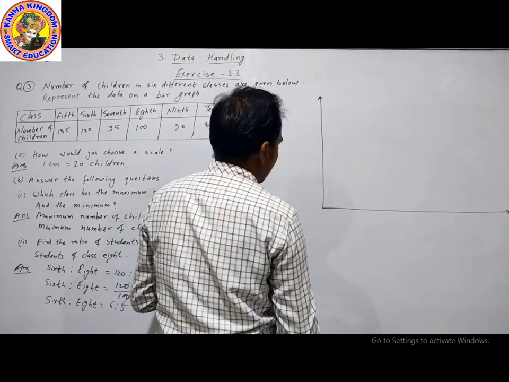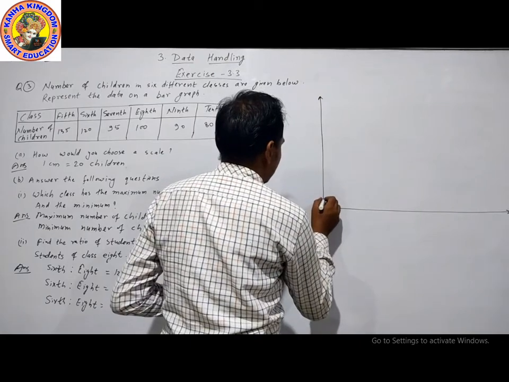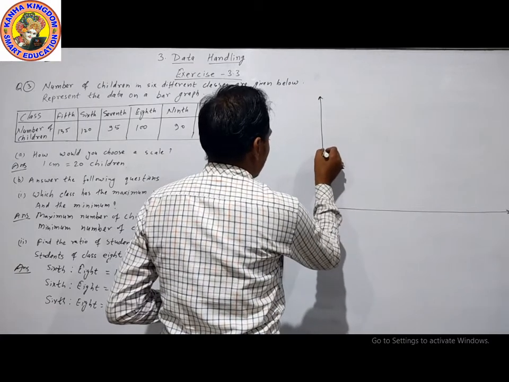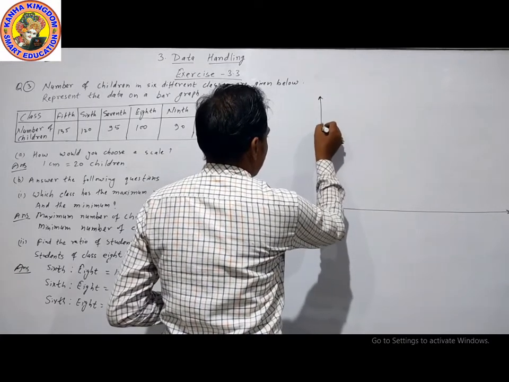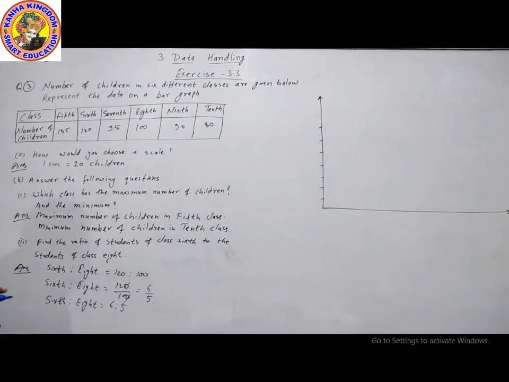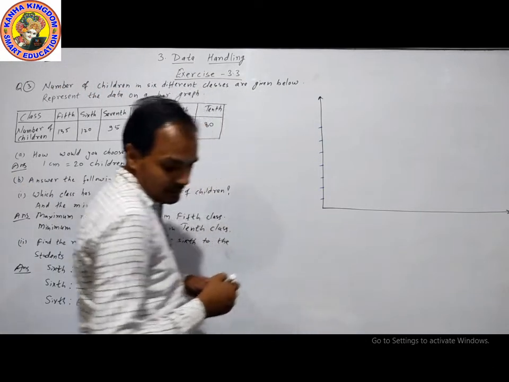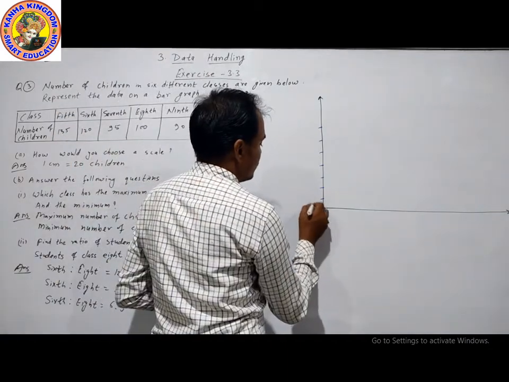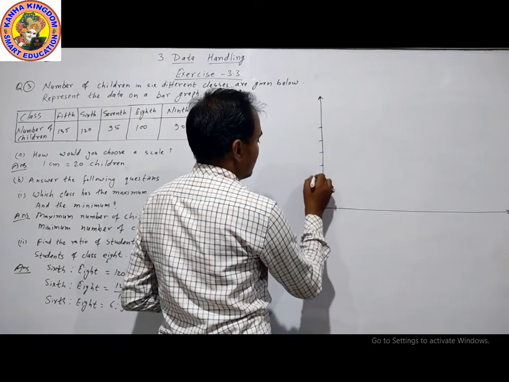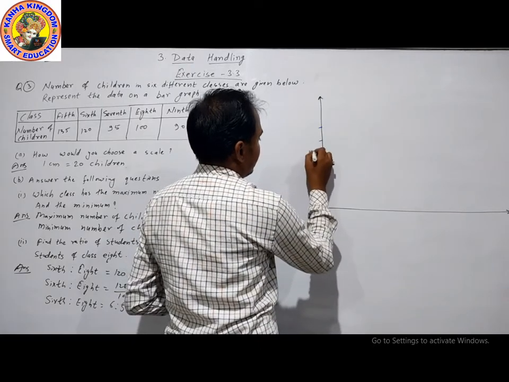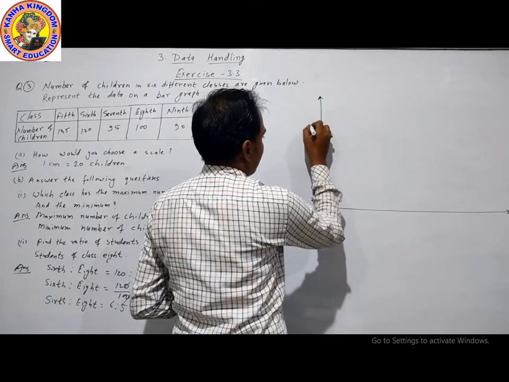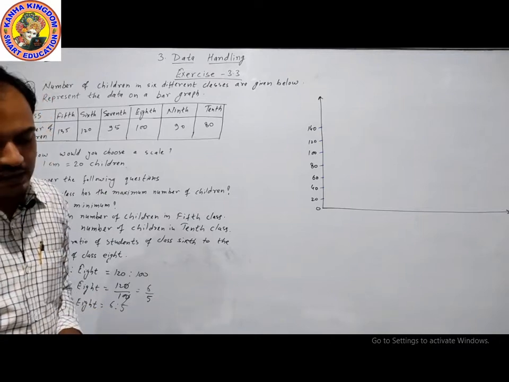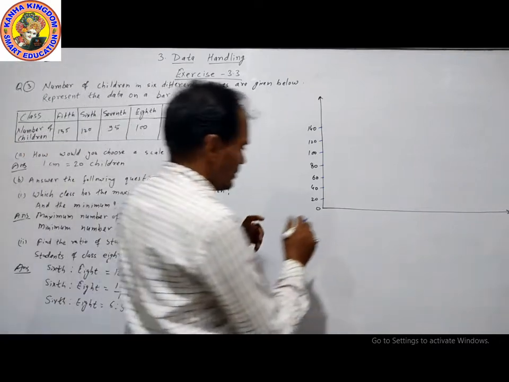We need to denote 7 lines. 1, 2, 3, 4, 5, 6 and 7. These are the 7 lines. Now numbering these: 0, 20, 40, 60, 80, 100, 120 and 140. These are the numbers on these lines.